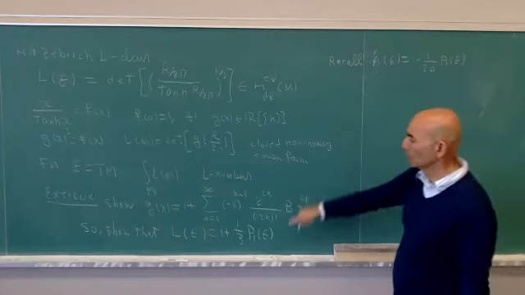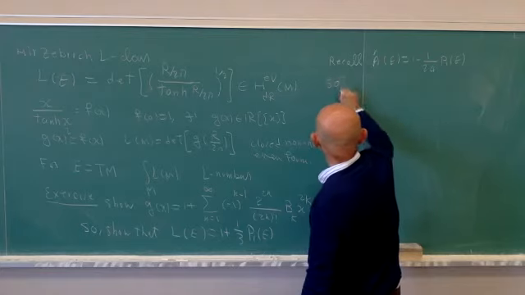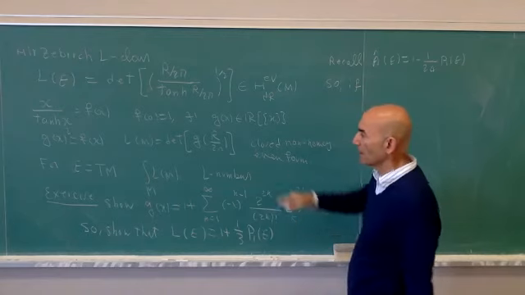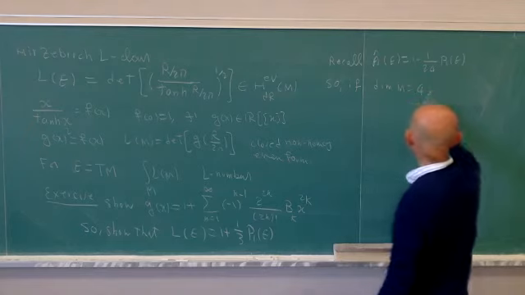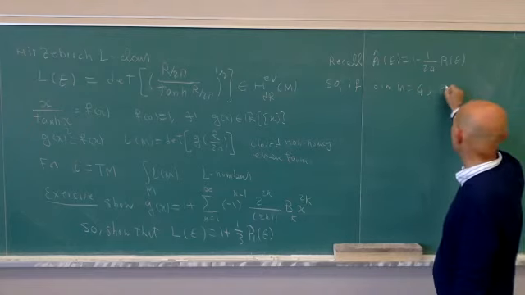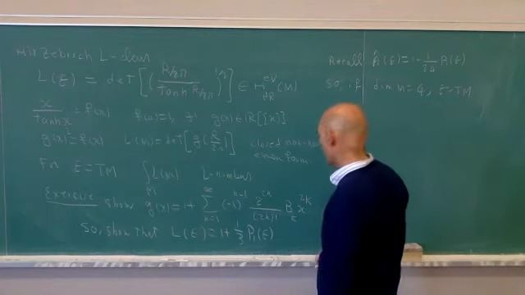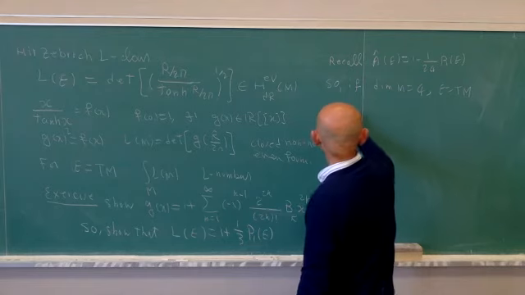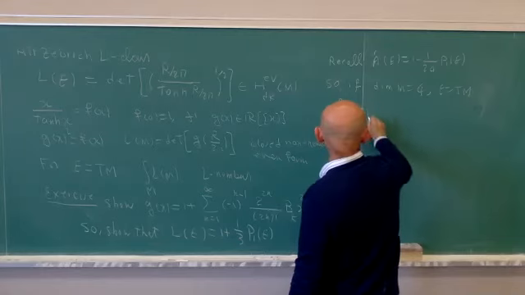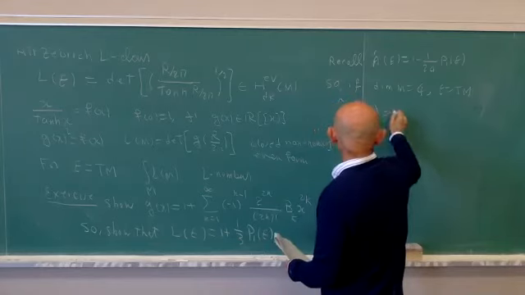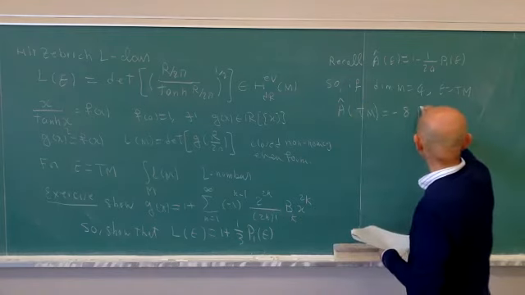So you can compare these two things. So here, if the dimension of n is equal to 4 and E is equal to Tm, you can conclude that the A hat genus is equal to minus 8 times the Pontryagin class.